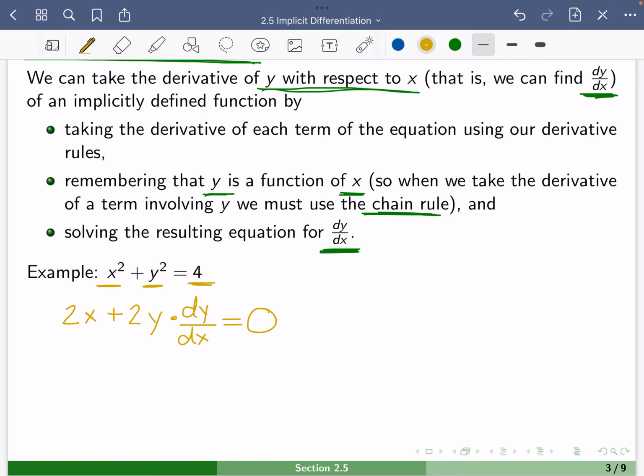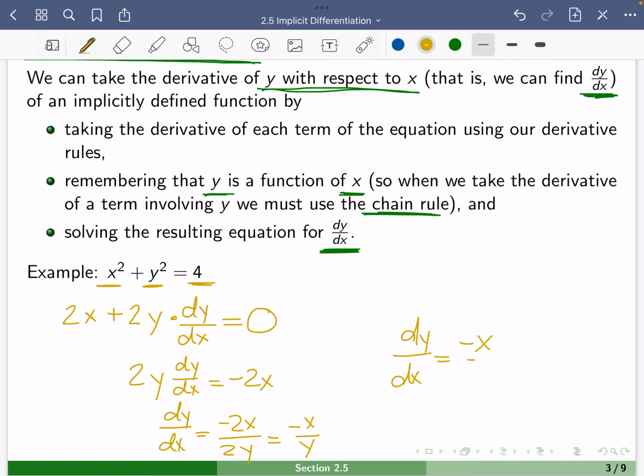So subtract 2x from both sides, then divide by 2y. We get negative x over y. So our derivative dy dx is negative x over y.